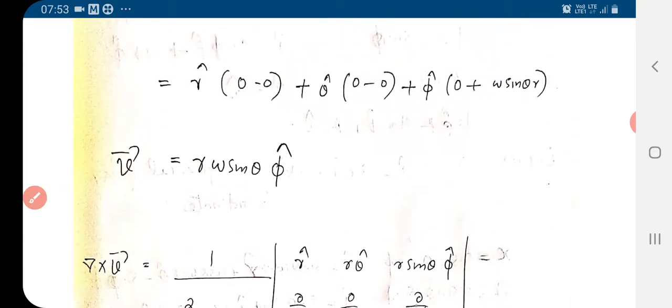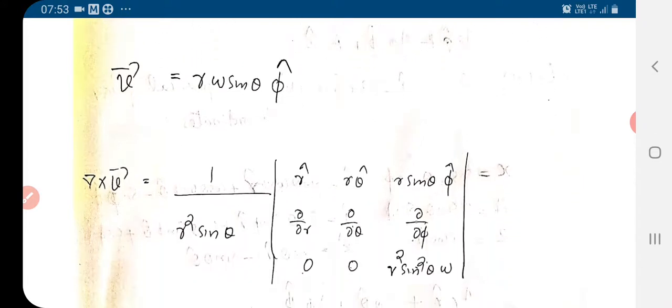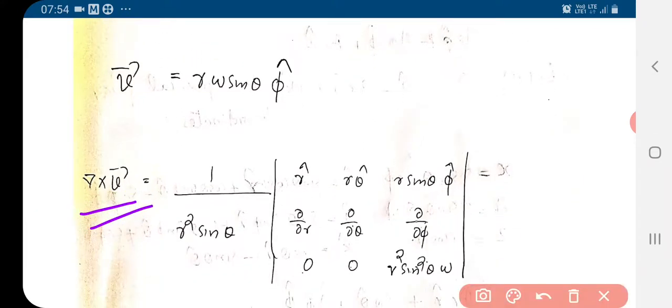So we can know the components of the vector. So that is v. Then del cross v.